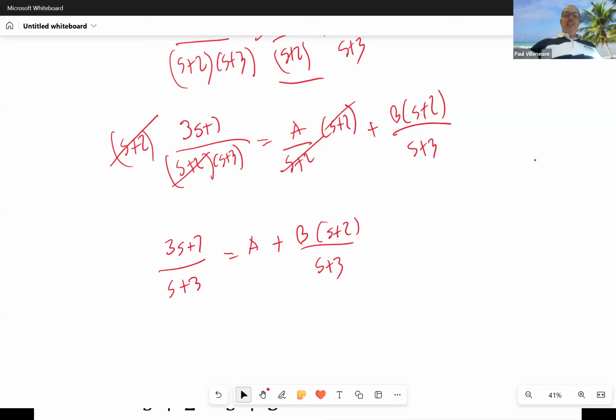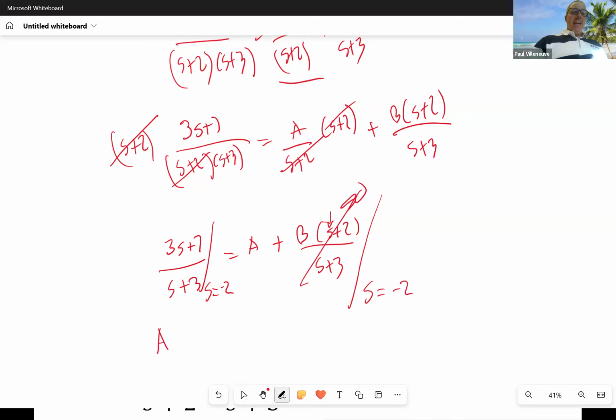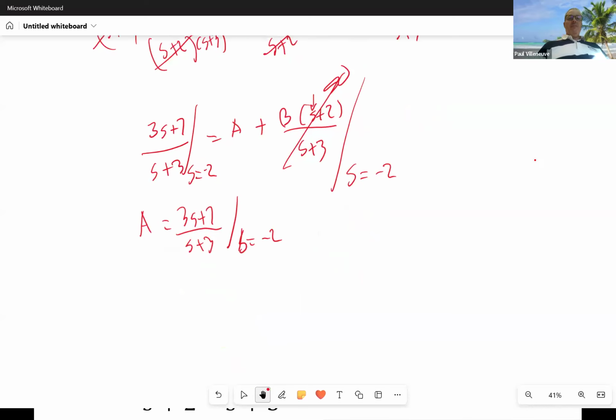Yeah, if I evaluate this expression at S equals -2, and that means both sides, right? What happens? If I plug in -2 right here, -2 plus 2 becomes 0, and B times 0 becomes 0, so A equals 3S plus 7 over S plus 3 when S equals -2.